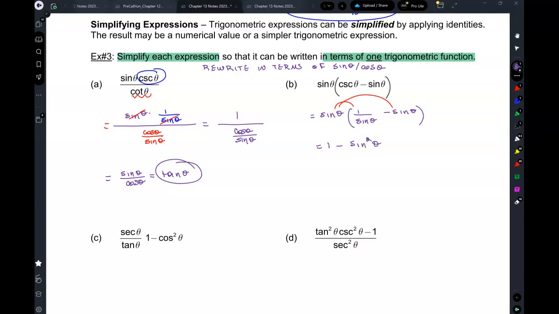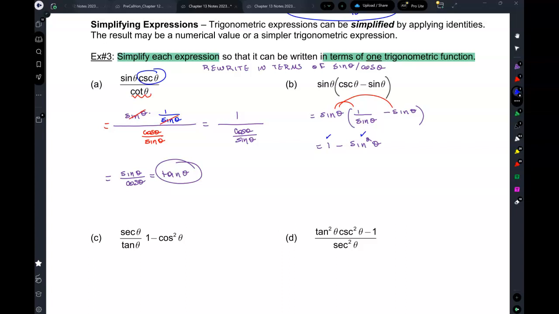Now, here we go. Let's examine what we have. I have a trig function squared, and then that's being added or subtracted from a 1. So I have a trig function squared in conjunction with plus 1, minus 1, and so on. Whenever you have that, this is code for Pythagorean identity.